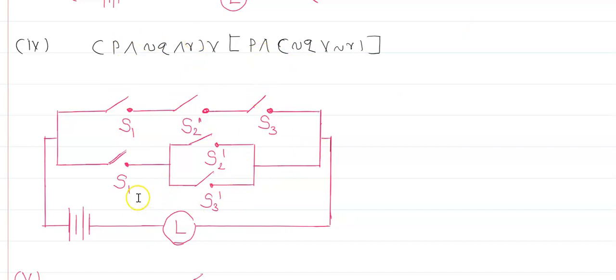Next is P and negation of Q or negation of R, that is S2 dash and S3 dash, and in this way we get the circuit diagram for the given statement pattern. Again this is OR, means these two are in parallel. This is the first block and this is the second block.